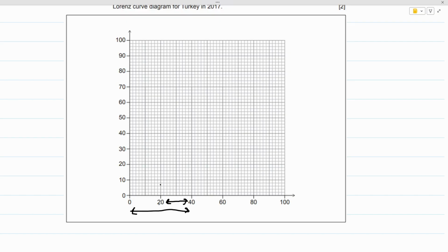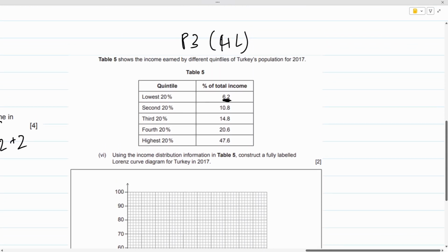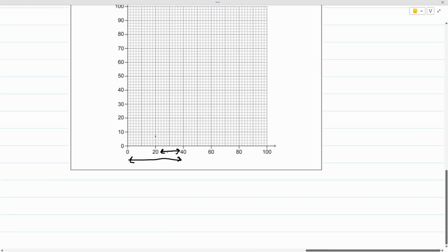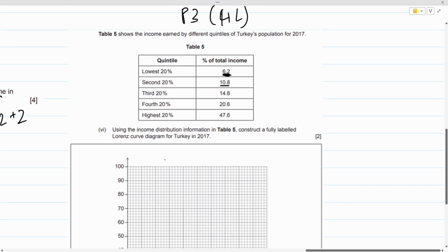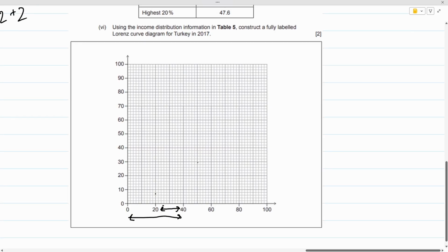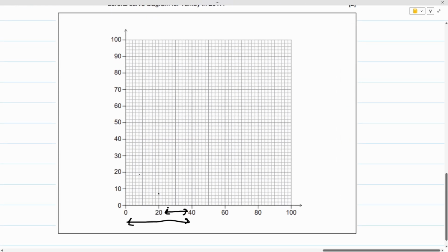You cannot do it for only these two values, since the y-axis also represents cumulative percentage. So what you have to do is take this 10.8, which is just the income earned by the difference between these two, and add 6.2 to that. So 10.8 plus 6.2 gives us 17. So 40 comma 17, this is 20, this is 18, between these two, roughly about here.